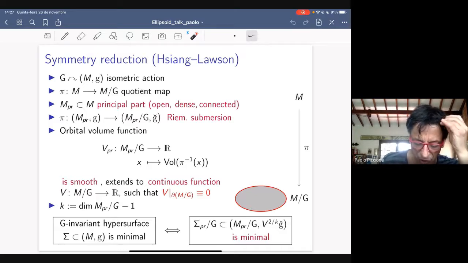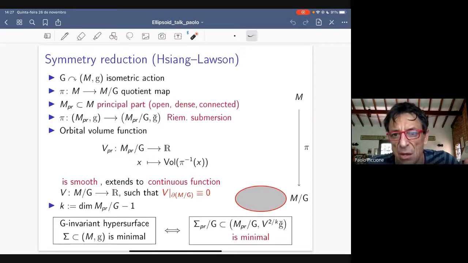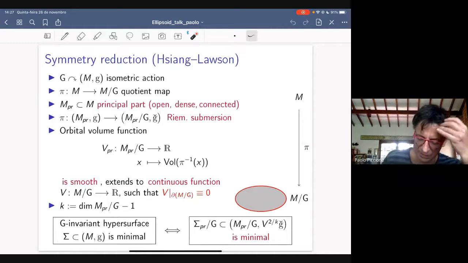This is a smooth function on this open set, and it extends to a continuous function on the boundary, being 0 on the boundary, okay? So you have this volume function, which is smooth and positive in the interior of this quotient, and 0 on the boundary.